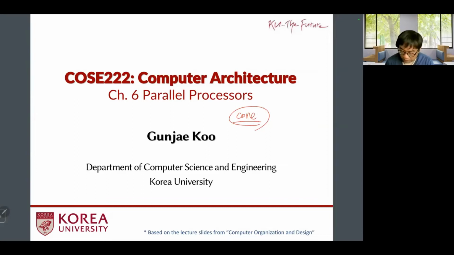You can think that a core is an independent processor, which includes the cache, okay? So core means that our processes, our threads, can be executed in this core independently. So this is the independent processor.